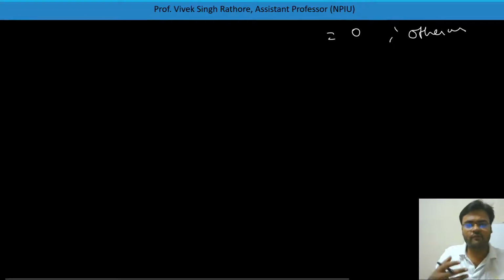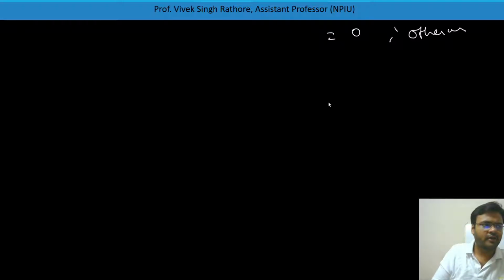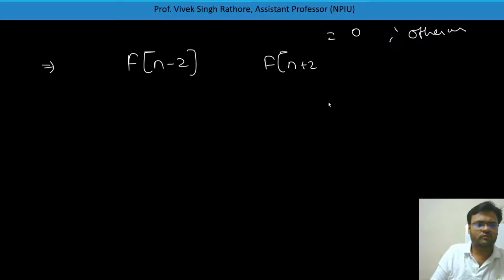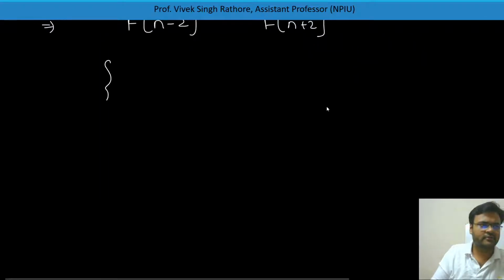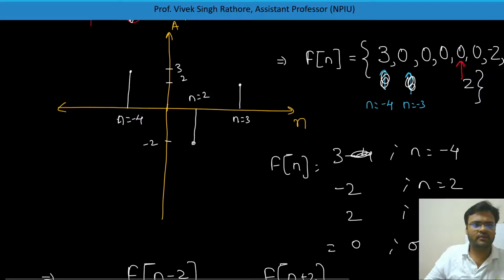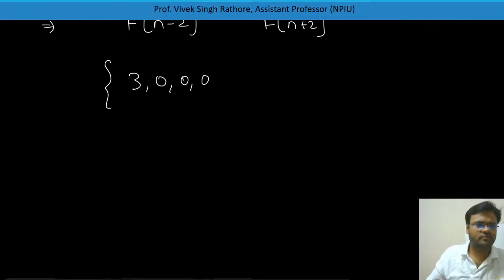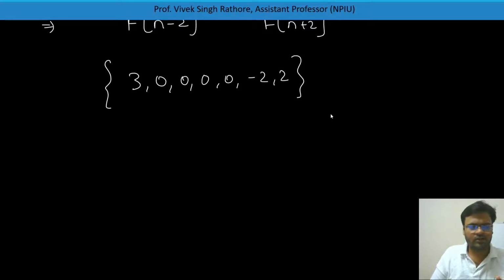Now if we have to perform some operations like time shifting, there are two shiftings, either delay or advance. If I tell you both f[n-2] and f[n+2], see, the signal was there: 3 0 0 0 0 0 -2 2, with positions -4, -3, -2, -1, 0, 1, 2, 3, and one more 0.